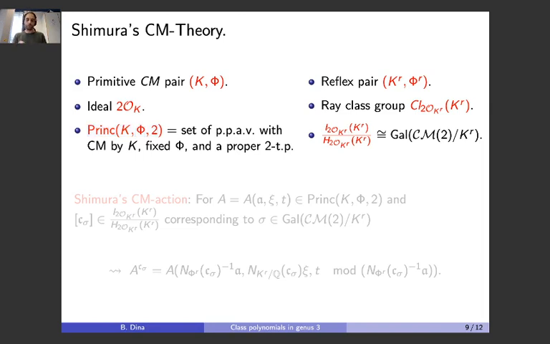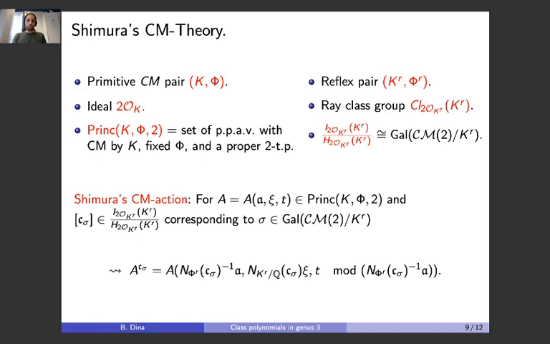And further, we know by Shimura CM theory that the Galois group of this extension here is isomorphic to this quotient, whereby the group H is more complicated, and we state it in our paper.